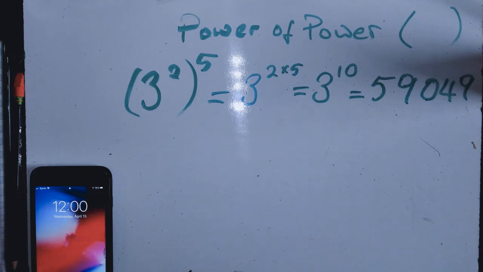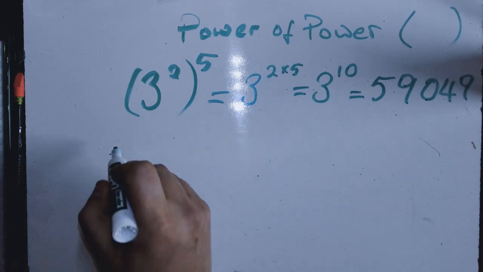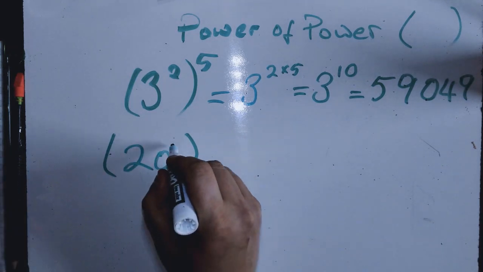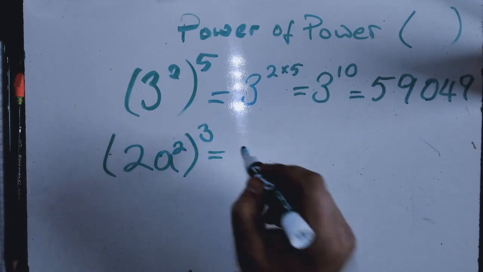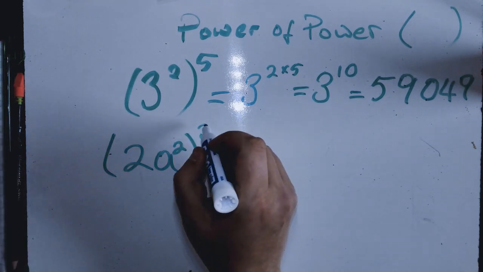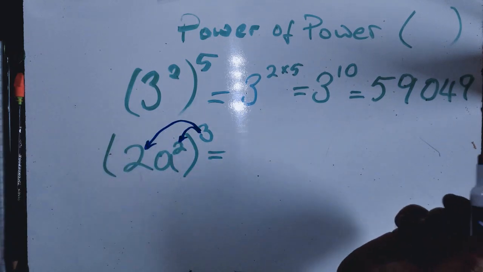So, there you go. There is nothing wrong with using Siri when you need it. Utilize the technology. Let's do another example. What if I have multiple terms in these parentheses? 2a, and the a actually has an exponent of 2, and this whole thing is to the 3rd power. Now, pay attention. This exponent 3 will be distributed to both this and this term.